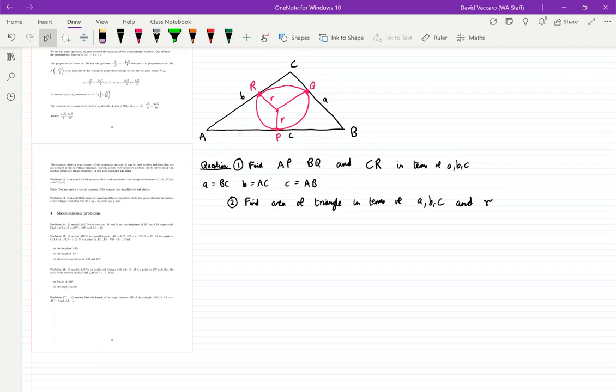So if you're watching this on the webinar, pause the video at this point. If you're watching this live, try and think about these questions. So let's try and find AP, BQ, and CR. So firstly, I can note that AP is equal to AR because they are tangents to the same circle.